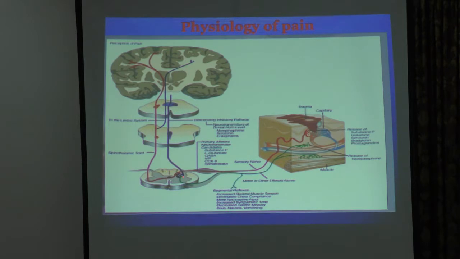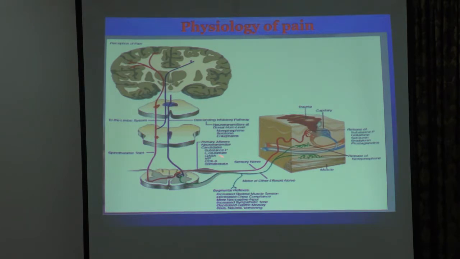From there, you may have some small interneuron, and then you have a second order neuron, which then leaves the spinal cord, actually crosses over to the opposite side.